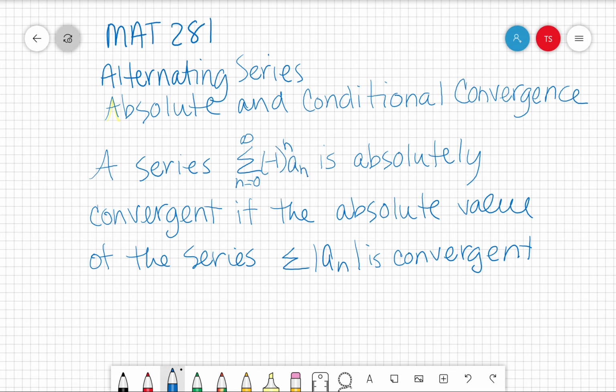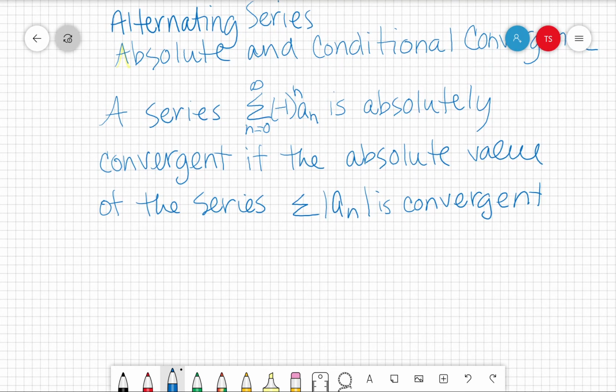And if you do the alternating series test and you find that it's convergent, and the absolute value of that series is also convergent, meaning you would have to show it with a test of positive values like a limit comparison test, then your alternating series you can say is absolutely convergent.